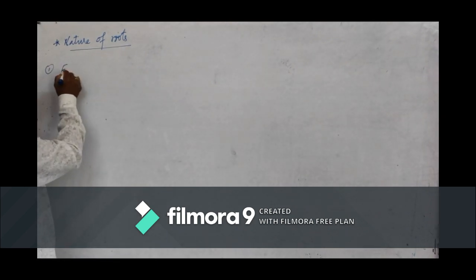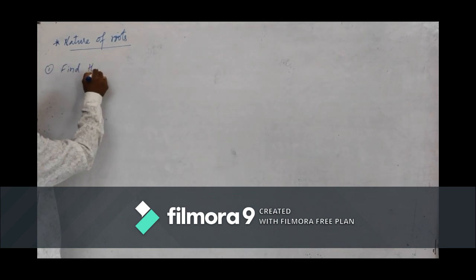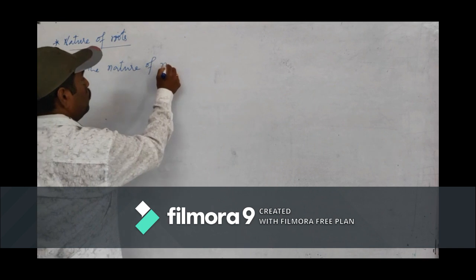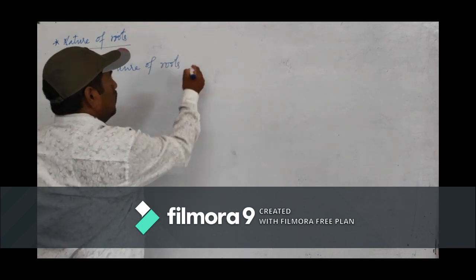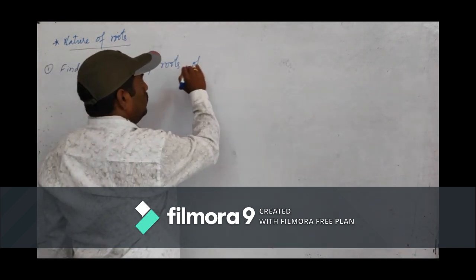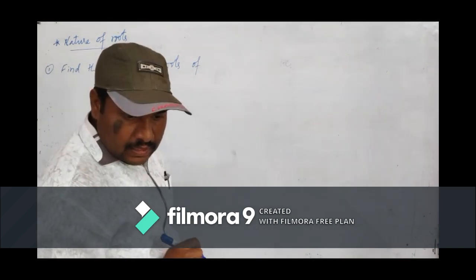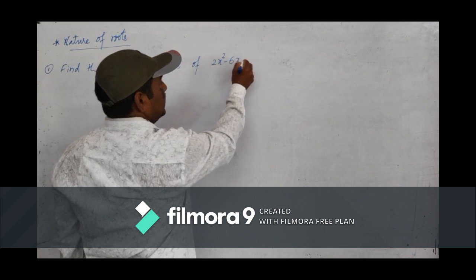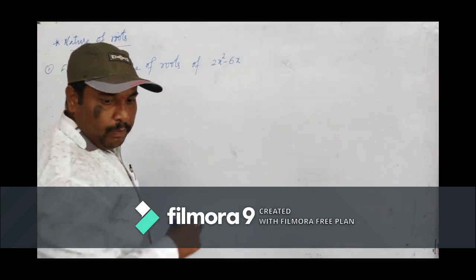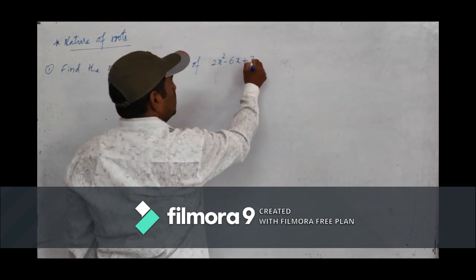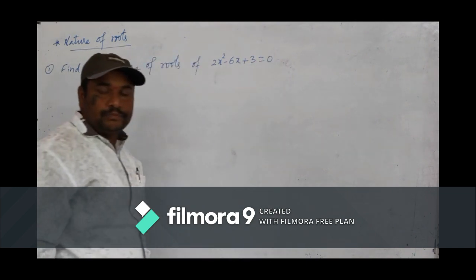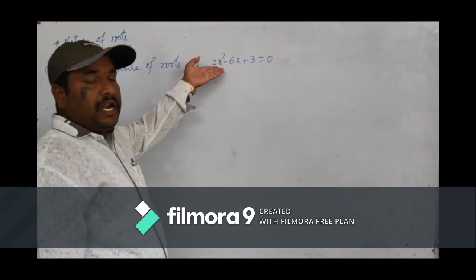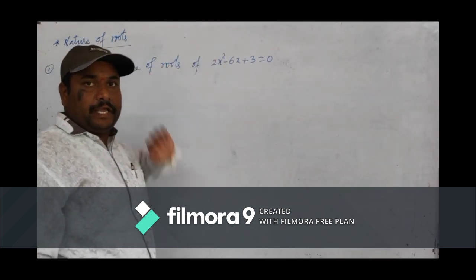Example 1. Find the nature of roots of 2x square minus 6x plus 3 equals to 0. Now, without finding the roots, you have to say the nature of roots of this quadratic equation.